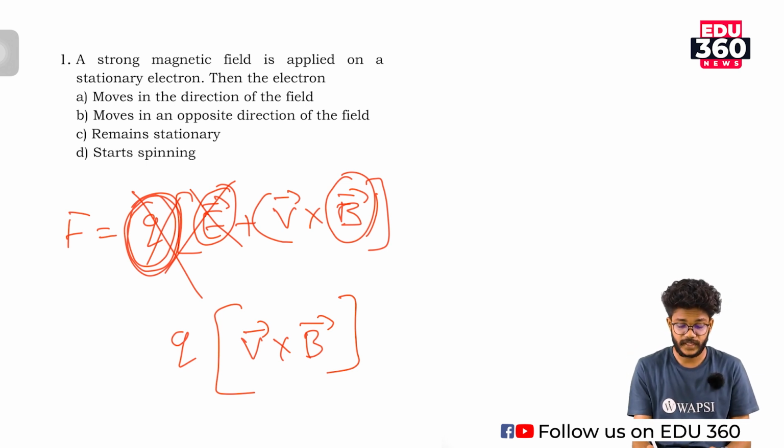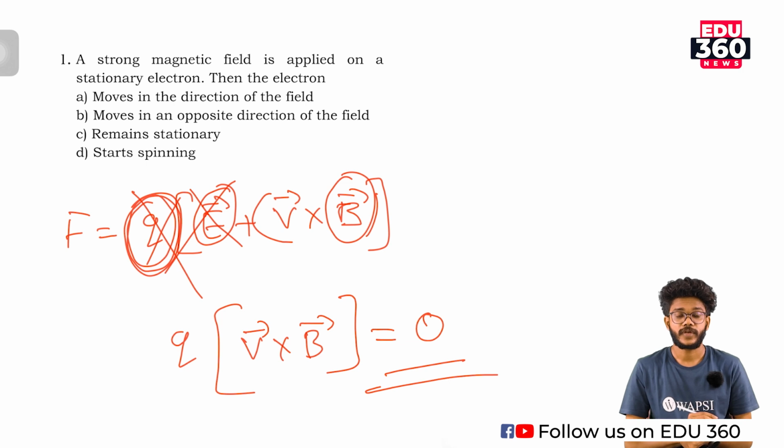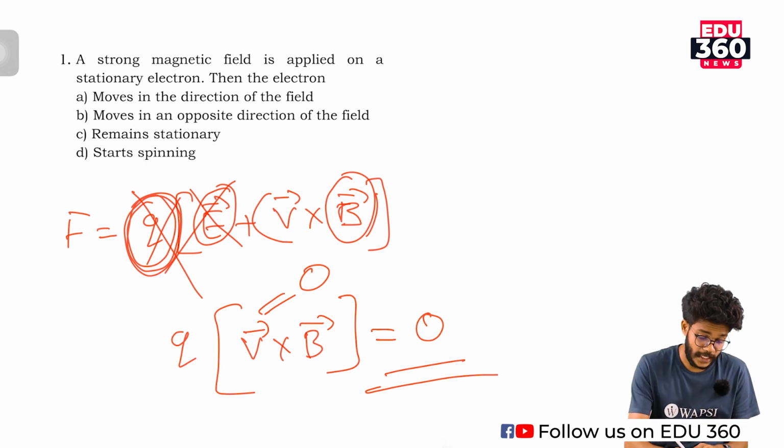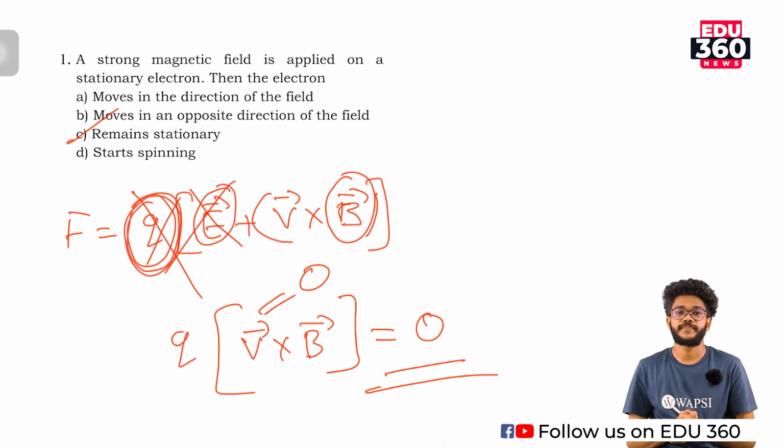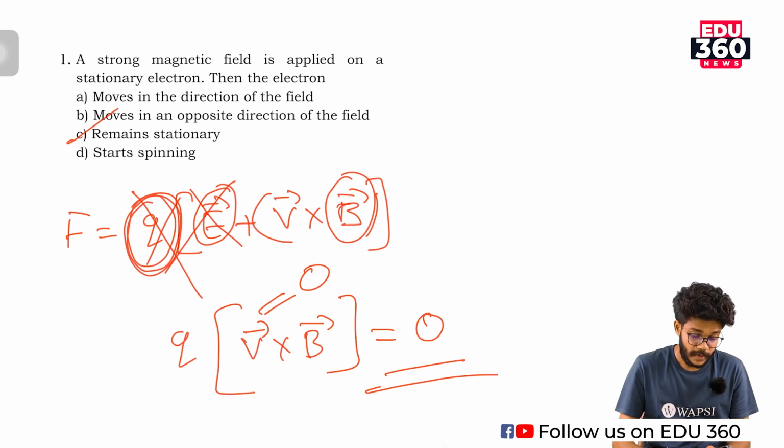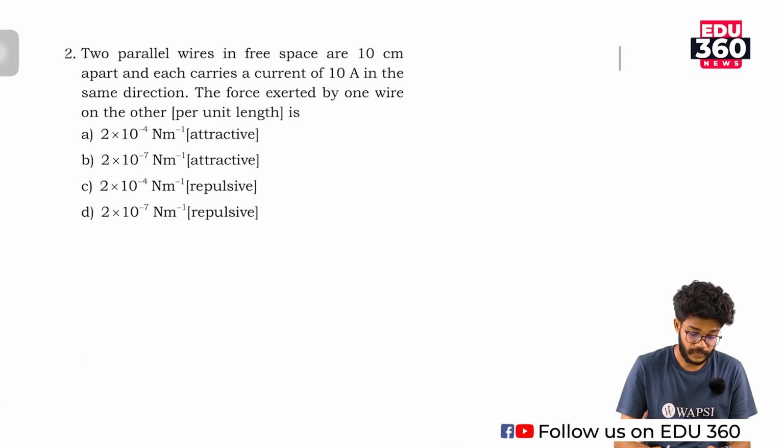So the net force F is 0, because the velocity is 0. If there is a velocity, then we take the cross product of the velocity with the magnetic field. So here the force is 0, so it remains stationary.